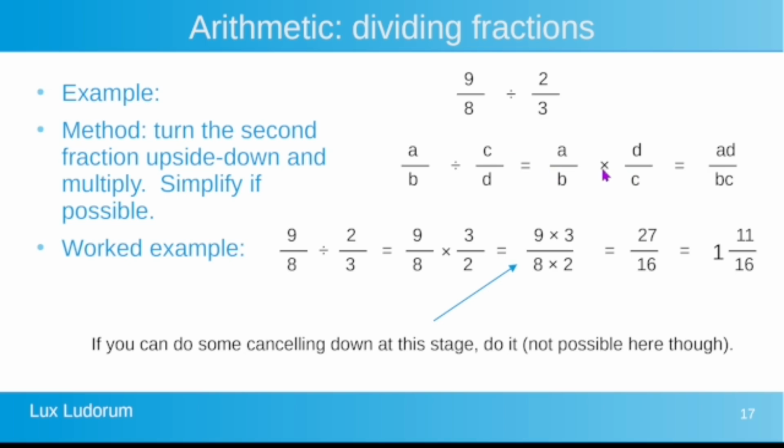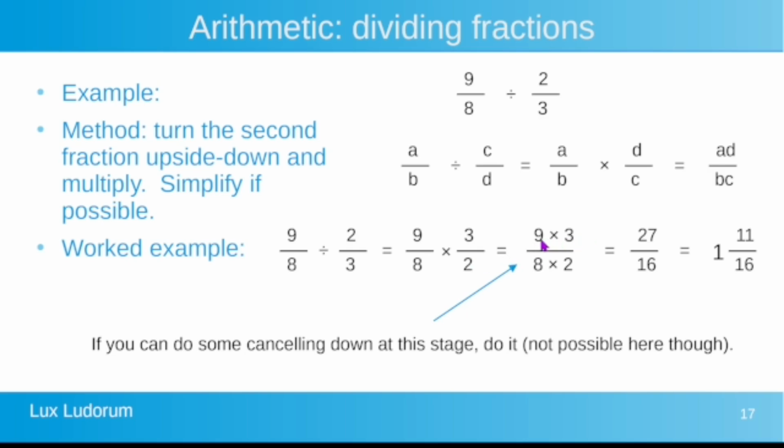And then we do a multiply here instead of a divide. And we've just seen how to do multiplies. And that will give us a times d over b times c. So the worked example, 9 over 8 divided by 2 over 3 is equal to 9 over 8 multiplied by, and here it is upside down, instead of 2 over 3, I've written 3 over 2.